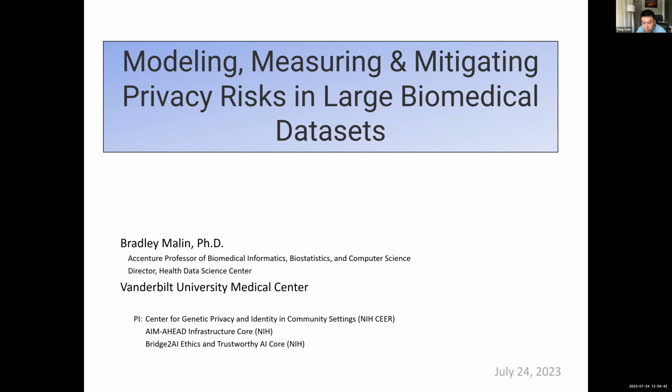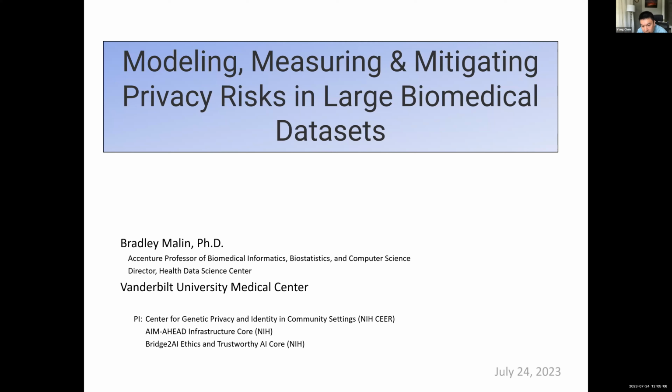Dr. Malin has won many awards, including the Presidential Early Career Award for Scientists and Engineers. This is known as a PECASE from the White House. He is also an elected fellow of the American College of Medical Informatics, known as ACMI Fellow, and an elected fellow of the National Academy of Medicine.